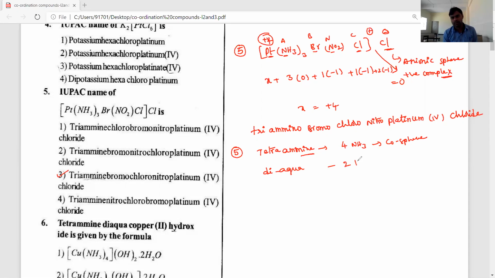Diaqua means 2 water molecules are present in the coordination sphere. Copper is the central metal with oxidation state +2. And hydroxide means OH minus ions are present in the anionic sphere.